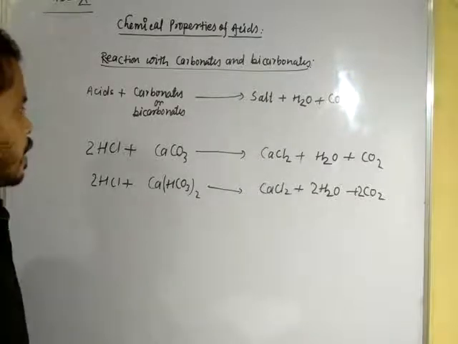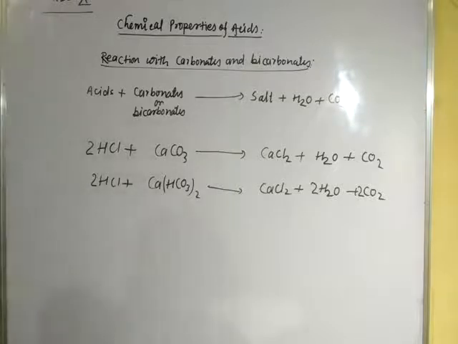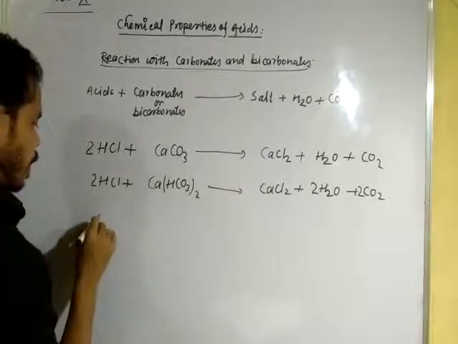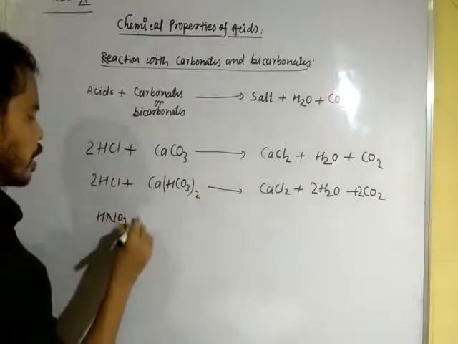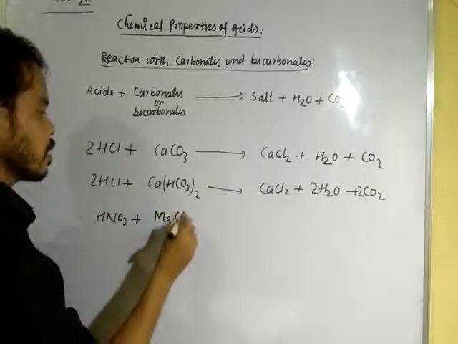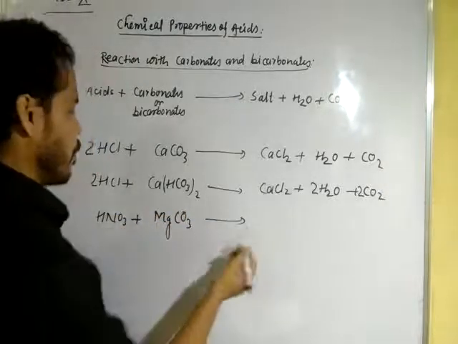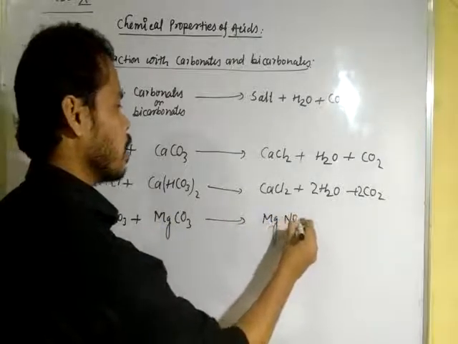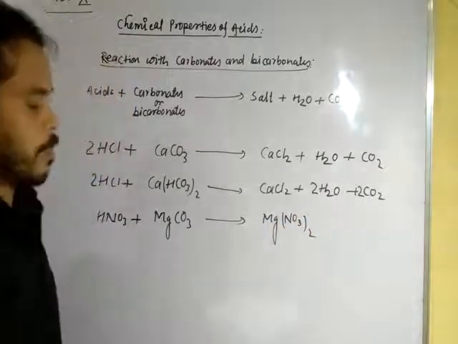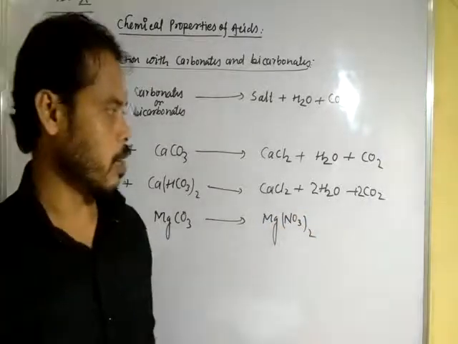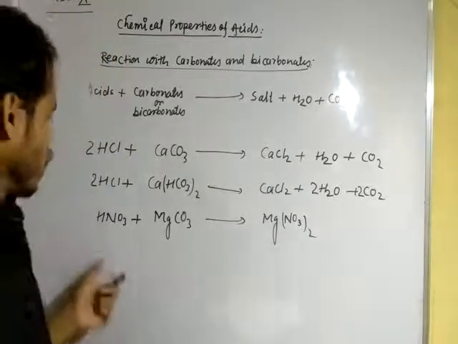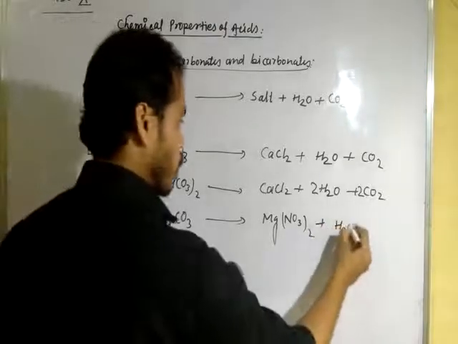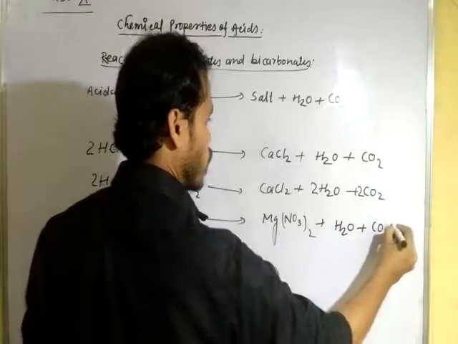Clear? Okay, next is when HNO3 reacts with magnesium carbonate. Once again it forms magnesium nitrate, Mg(NO3)2. The formula of magnesium nitrate is Mg(NO3)2. Okay? And the products are H2O and CO2 once again.